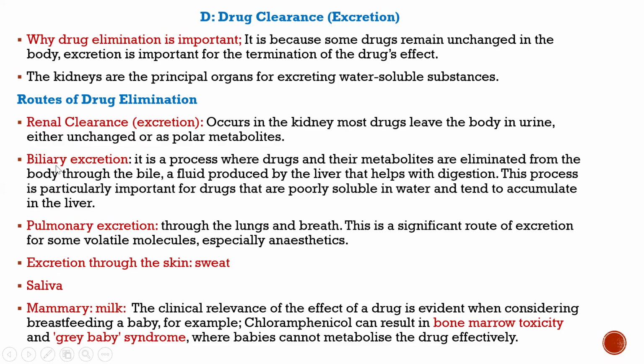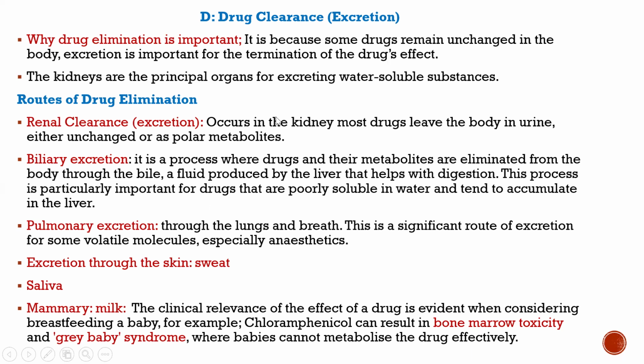Then we have biliary excretion, a process where drugs and metabolites are eliminated from the body through the bile. The bile is a fluid produced by the liver that helps with digestion. This process is particularly important for drugs that are poorly soluble in water and tend to accumulate in the liver.